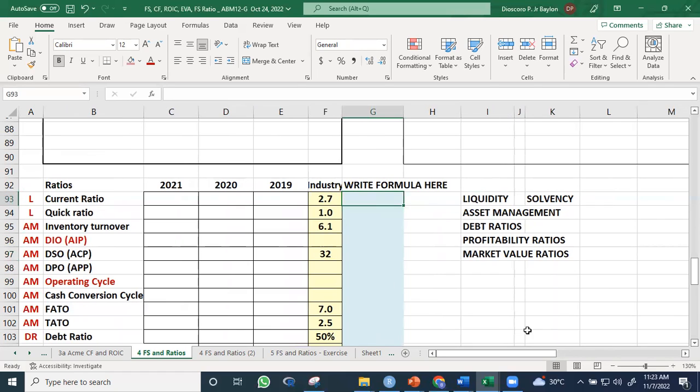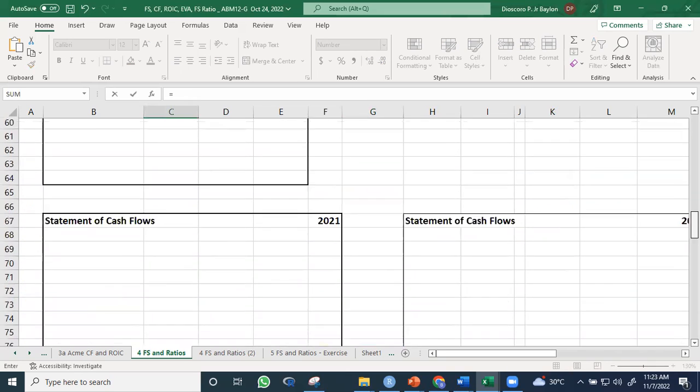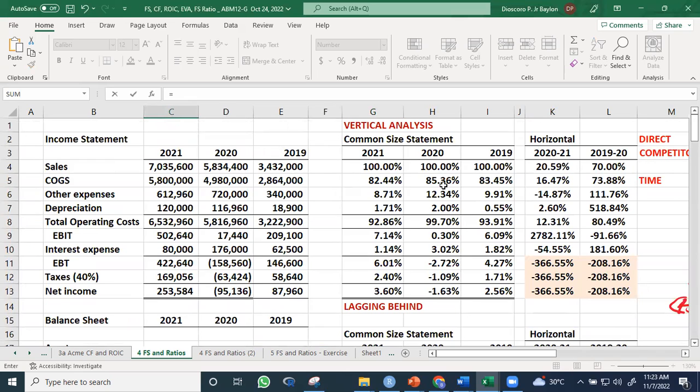So anong formula ng current ratio? Current ratio is simply current assets over current liabilities. Okay? Ito yung formula ng current ratio. Magkano yung amount ng current assets na available sa company para bayaran yung current liabilities niya. Okay, so let's generate the formula here. The value here, current assets.